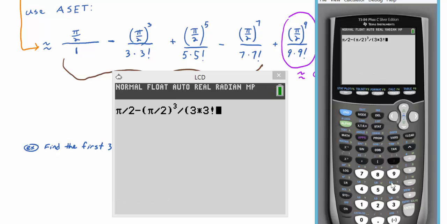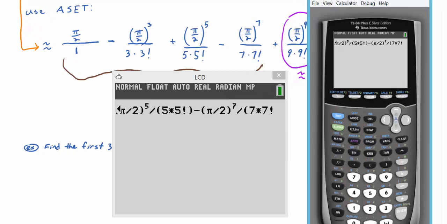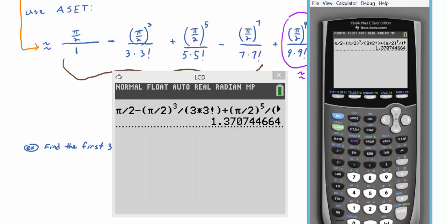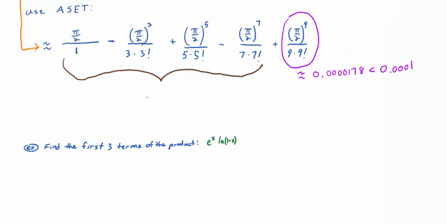Okay, 4. Okay. It saves a little bit of time. I like that. Obviously on a real calculator with real buttons, it wouldn't take nearly so long. You get about 1.370, 1.371 if you round off. If you go to 4 places, 1.3707. So that turns out to be approximately 1.3707.